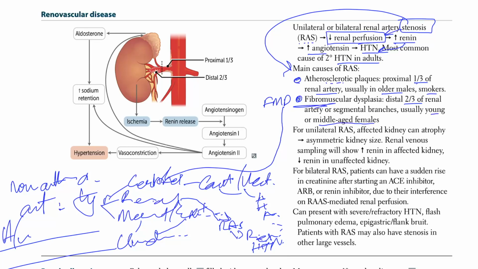So you have aneurysmal dilation because of the loss of internal elastic lamina and the presence of the fibromuscular webs, which will give you a string of beads appearance, right?